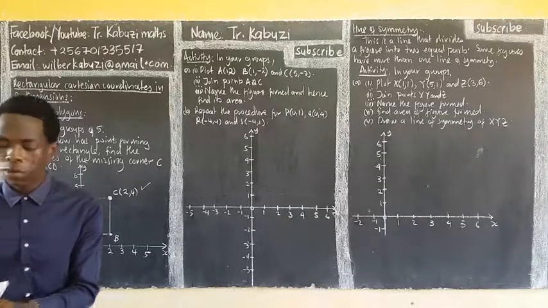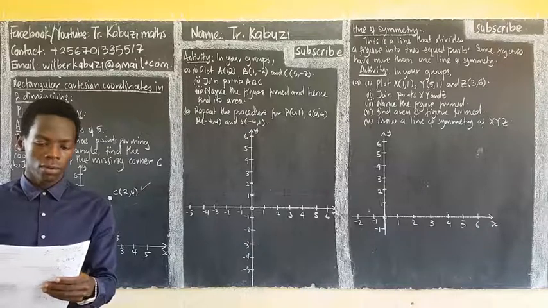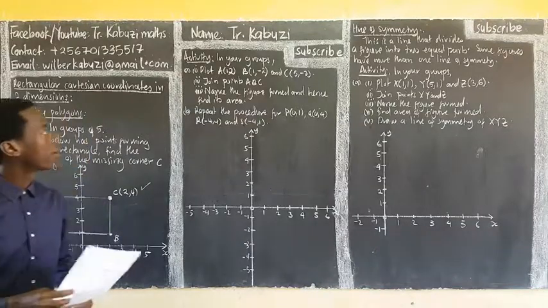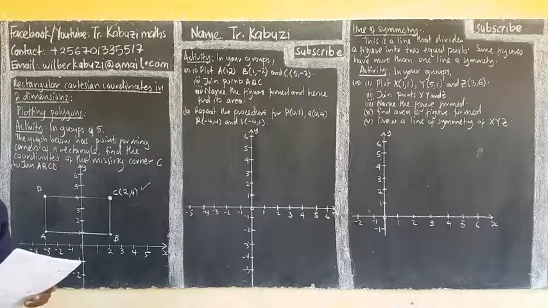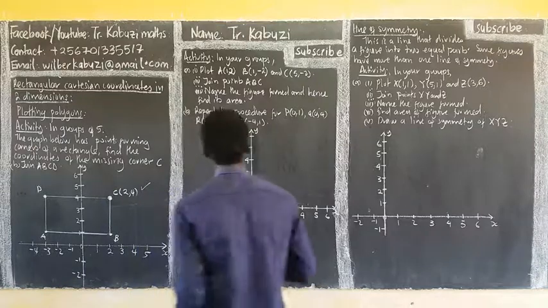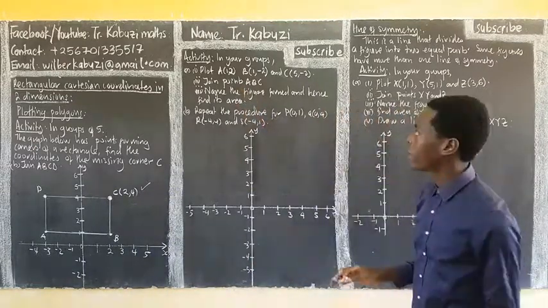Now let us go to the next group, group E. They say plot A. Of course, we have seen how to plot. I think everyone here can now plot.